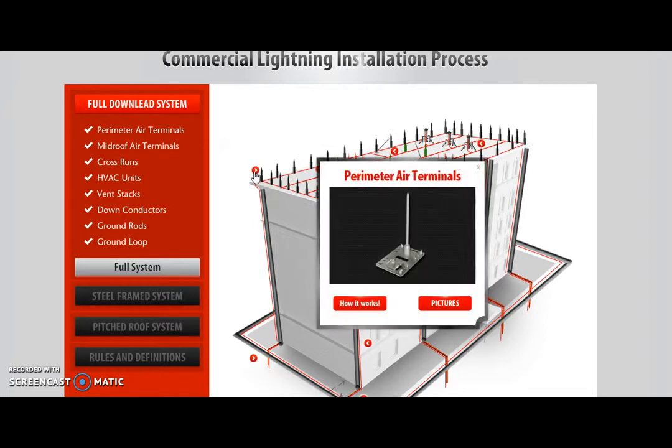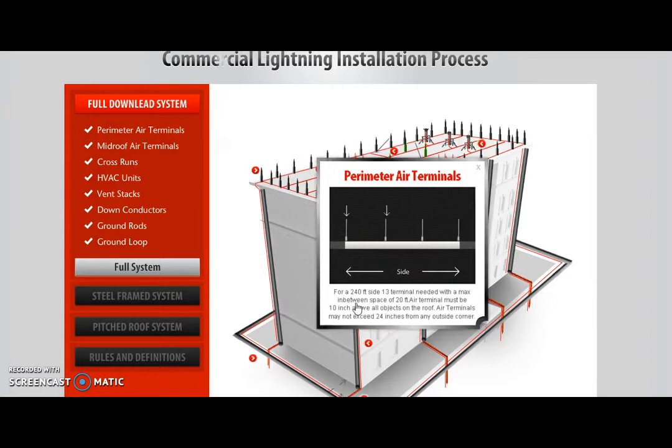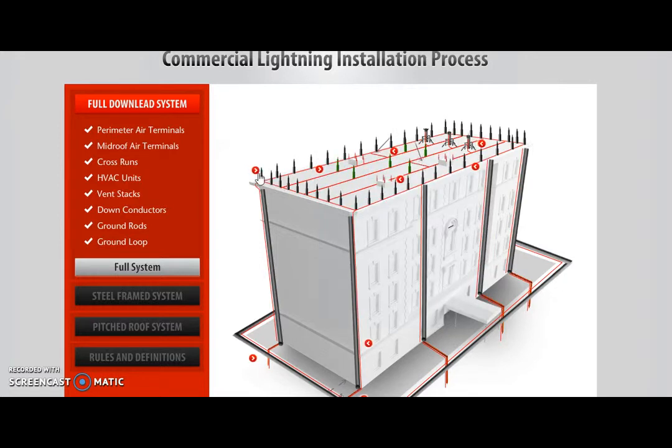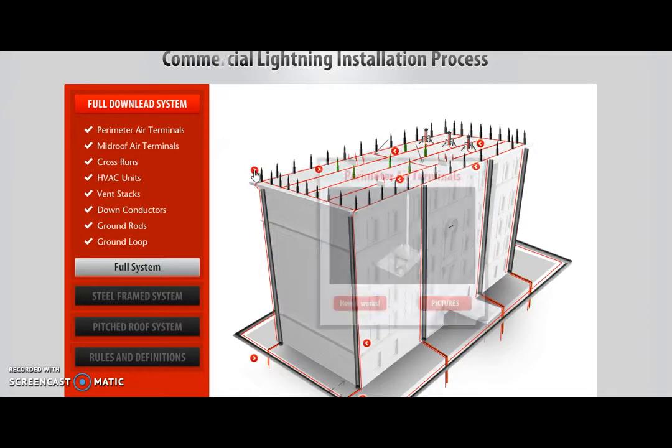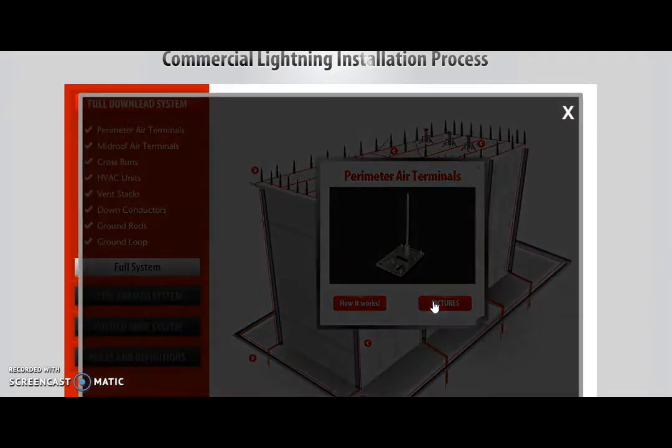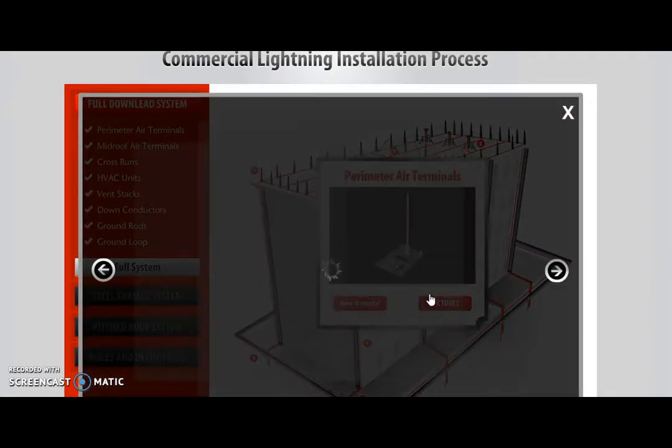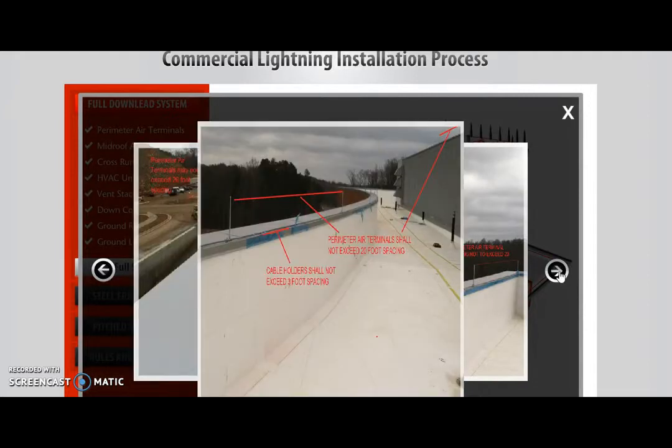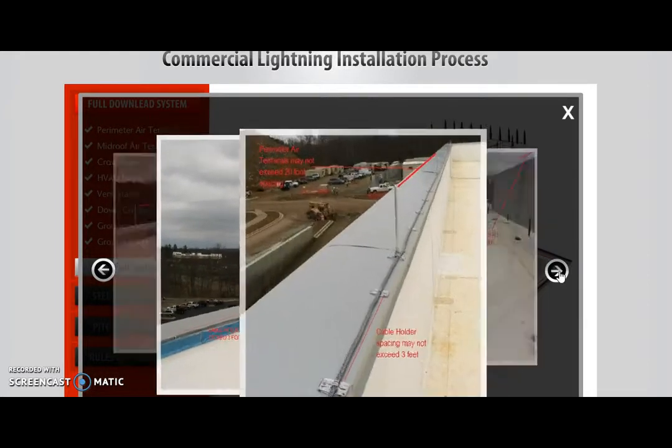So if we click on this for perimeter air terminals, they can click on pictures and they can click on how it works. How it works gives them a little bit of an animation there with a rule. And then they can also click on the pictures to see what it really looks like. And the pictures are notated with additional rules as well.